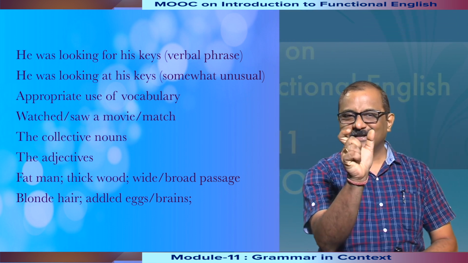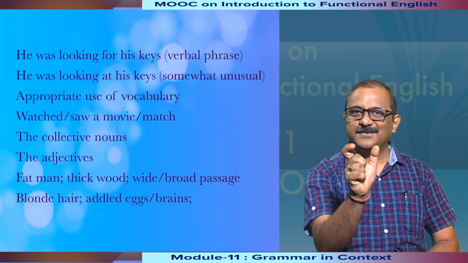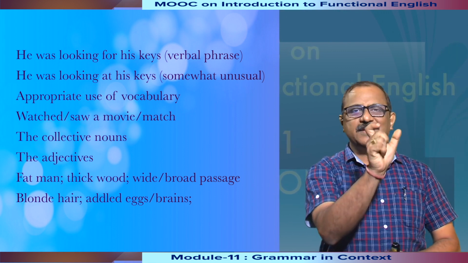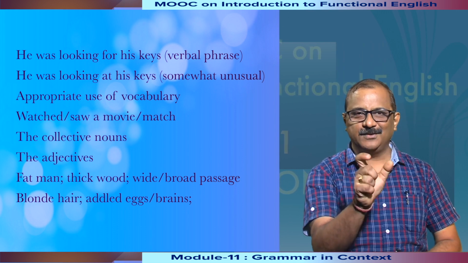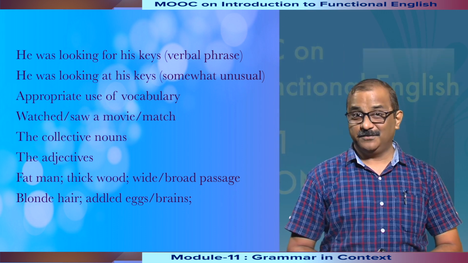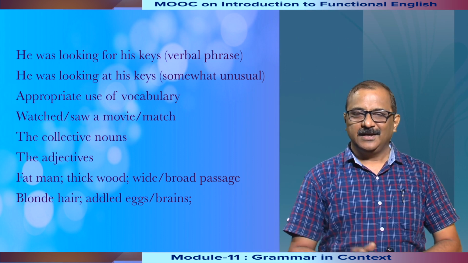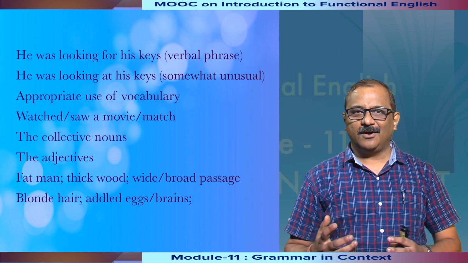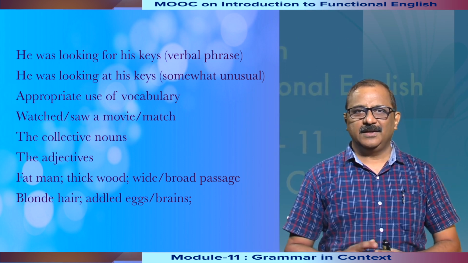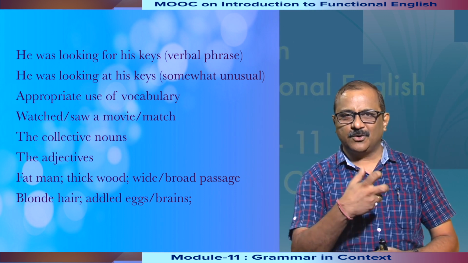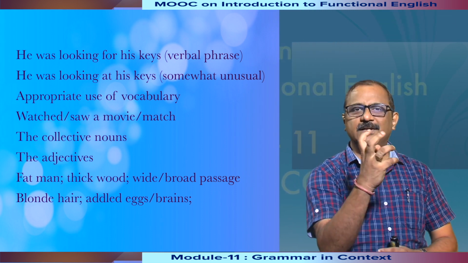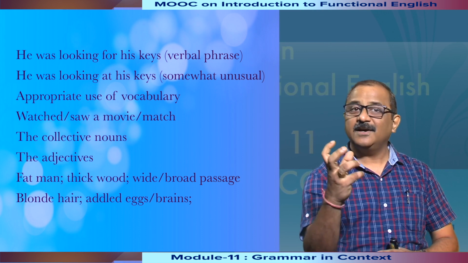It has already been stressed as part of your different modules that you need to enrich your vocabulary so that you are in command of a vocabulary from where you can draw and use the appropriate word in the context.